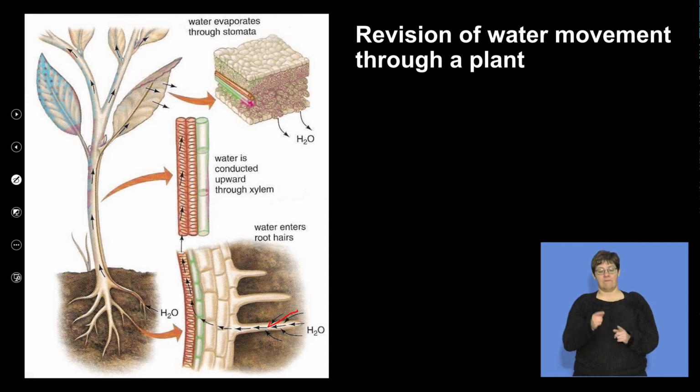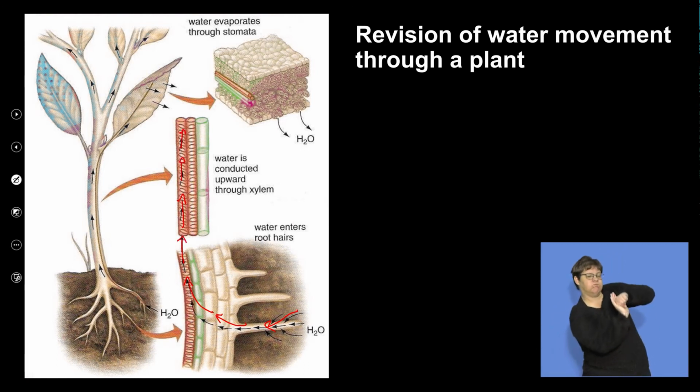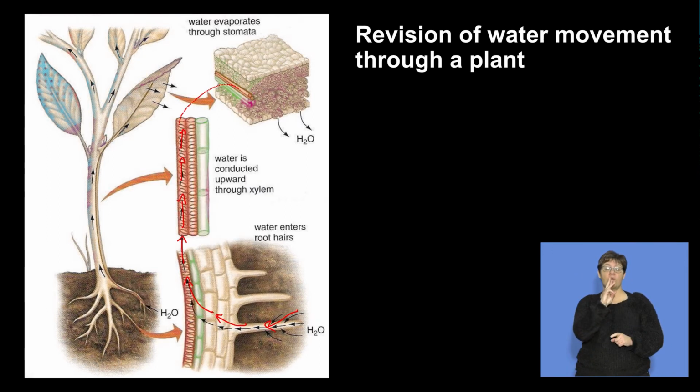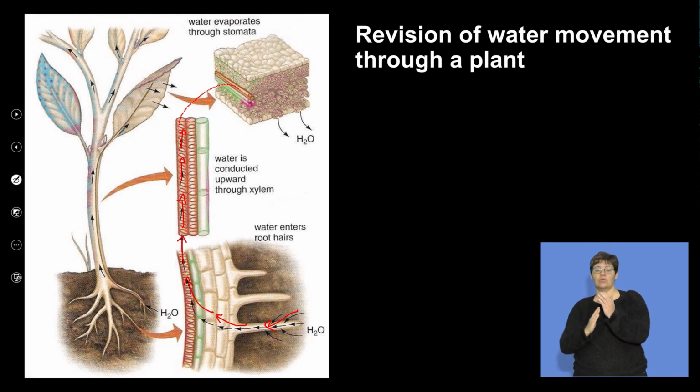This shows the tissues involved, how water moves in through the root hair into the xylem, how it's pushed up by root pressure, how it moves up by capillary action, and how the water eventually gets into the xylem in the leaf, and it then moves out through the stomata.